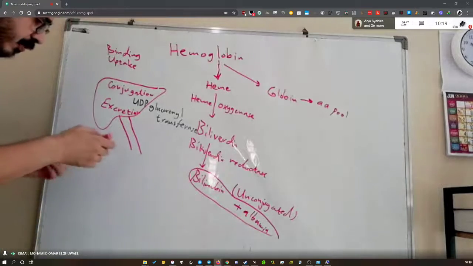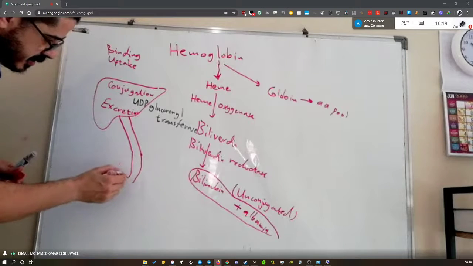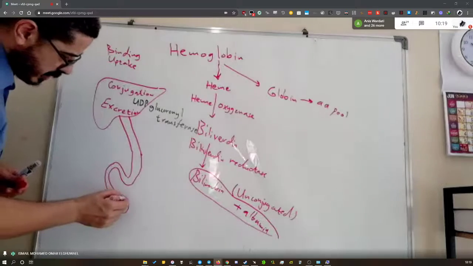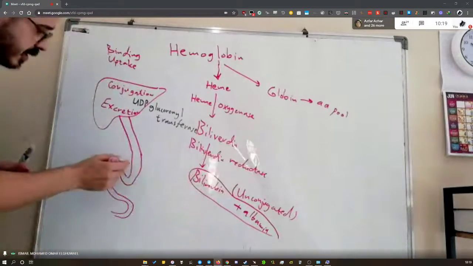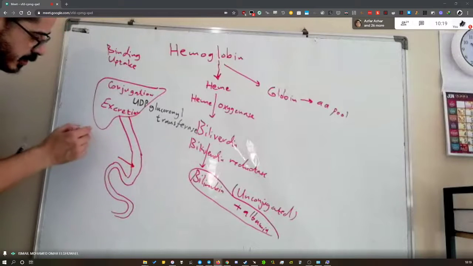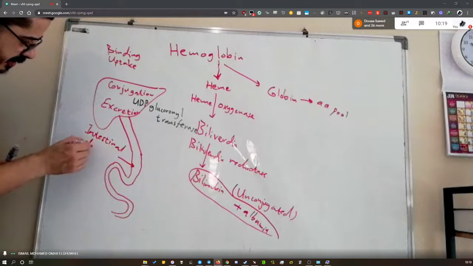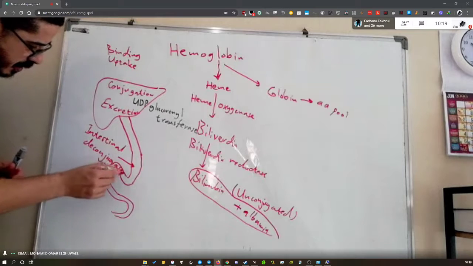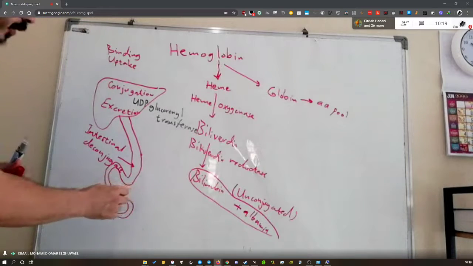After excretion, when it reaches the small intestine, it will not stay conjugated. There is an enzyme, intestinal deconjugase, which makes bilirubin unconjugated again.